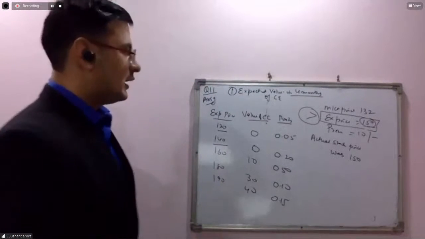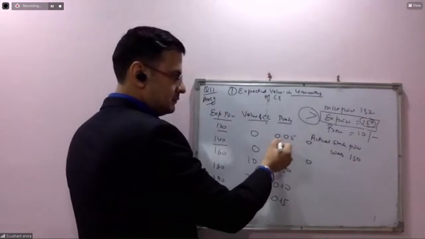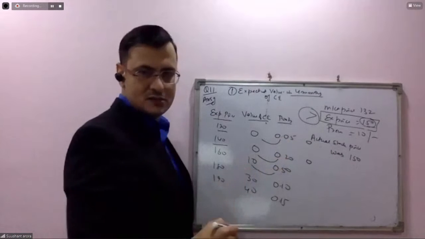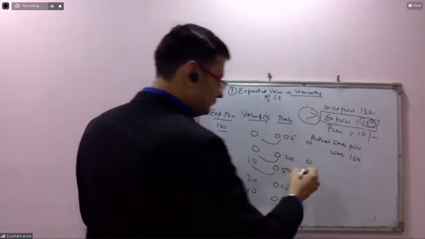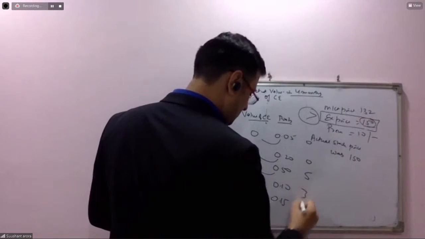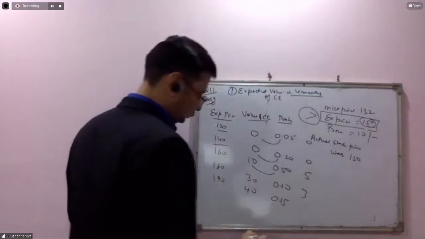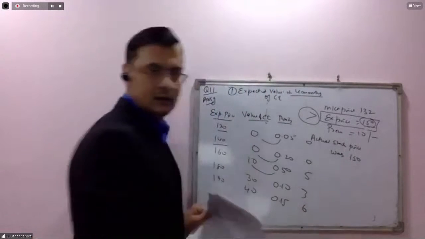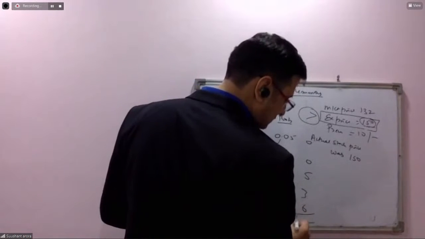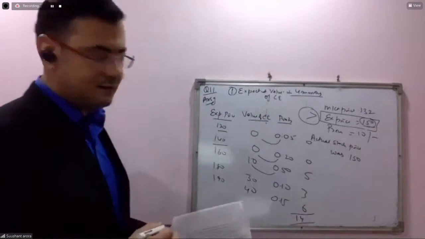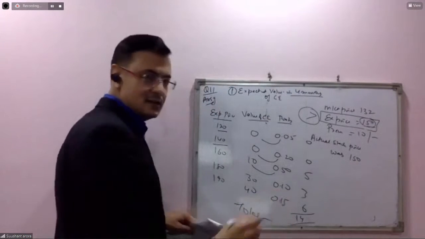So the value will be 0, 0 in this case, because multiplying with these comes to 5, 3 and I think 6. I think so. So it comes out to be 14. Please check if I have done it correctly. So that's your answer.